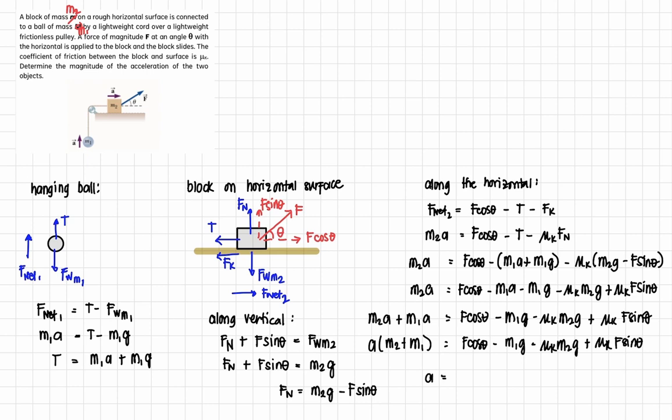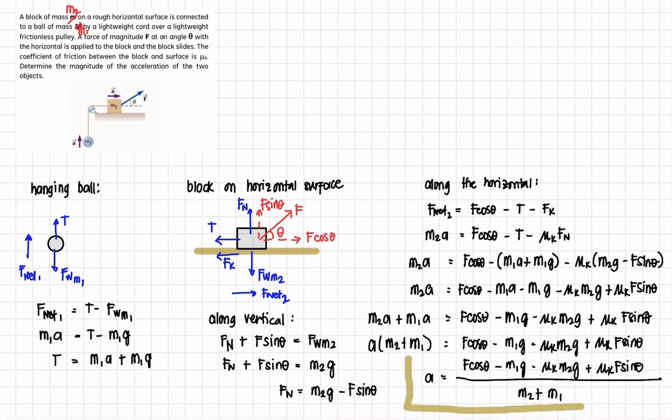So the acceleration, therefore, is F cosine theta minus m1g minus mu k m2g plus mu k F sine of theta, divided by m2 plus m1. So that would be our formula in finding the acceleration of the two objects.